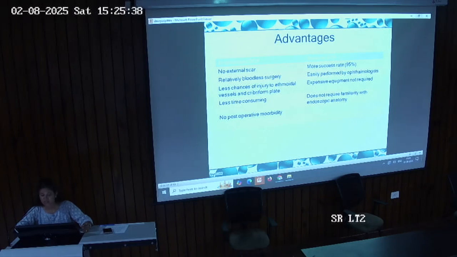For external DCR, the success rate is much higher than endoscopic DCR. It is easily performed by ophthalmologists, although endoscopic DCR could also be performed by ophthalmologists, it is mostly done by ENT surgeons. For external DCR, there is no requirement for expensive equipment and it does not require familiarity with endoscopic anatomy.